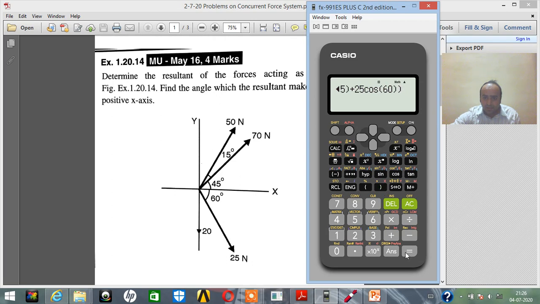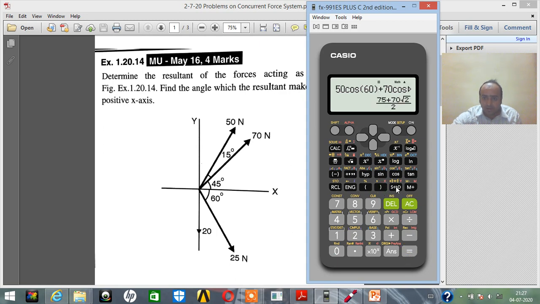Once we are done, I'll say equal to. Let me go ahead with the same: 50 cos of 60 plus 70 cos of 45 plus 25 cos of 60.